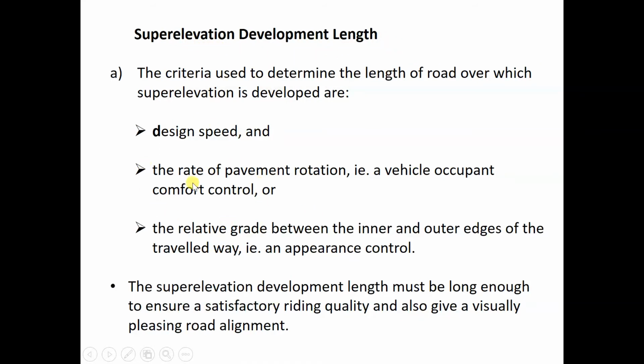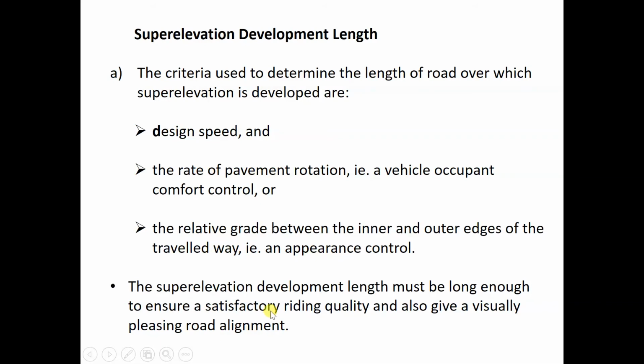So these are the three criteria which govern the super elevation development length: the design speed, the rate of pavement rotation, and the relative grade between the inner and outside edge. The super elevation development length must be long enough to ensure satisfactory riding quality and also give a visually pleasing road pavement.